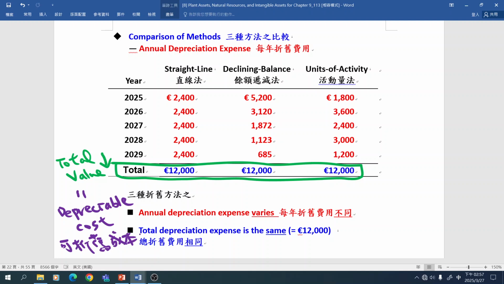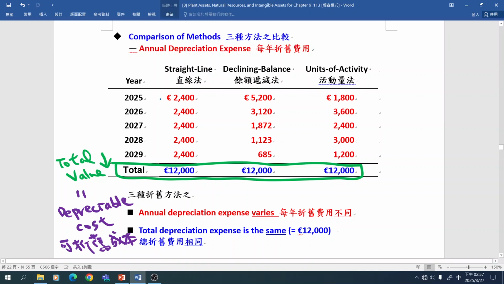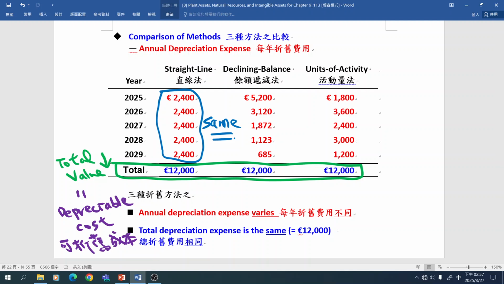The same, right? So we allocate the number to each year equally. So you will get the number for depreciation expenses the same. How about declining balance method, 余额递减法? Young guy, right? So what's our expectation? First year, the highest. Last year, the lowest, right? So did you find out?